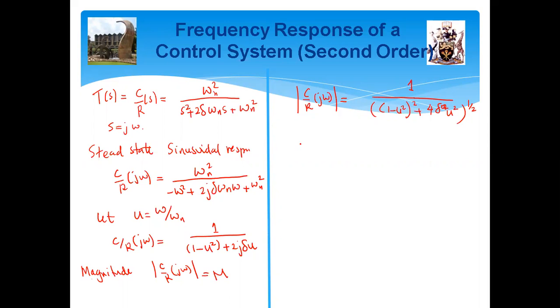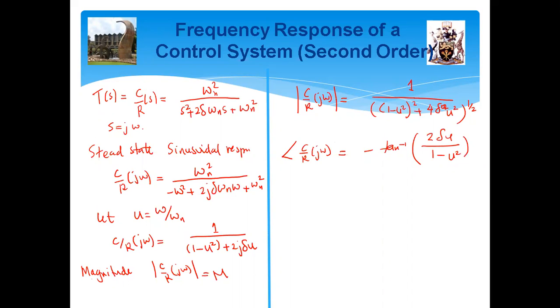And for the phase, you take minus tan inverse of the imaginary part divided by the real part.